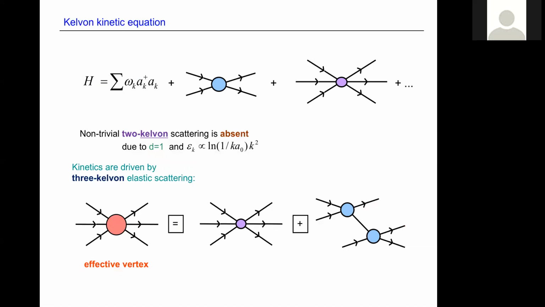Then the only solution is k1 equals k3 or k4, and k2 equals k4 or k3. So you have only exchange, no exchange of momentum between the modes.